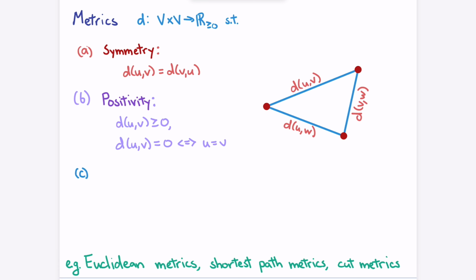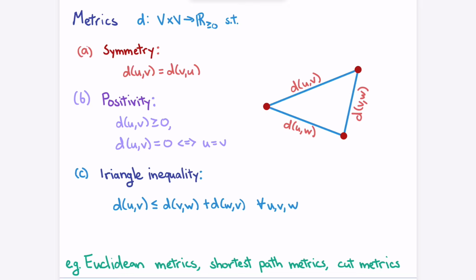That's sometimes not the case for us, because vertices might be assigned the same place, and you might want to distinguish the vertices in the original problem, but this is not that big a deal. And the last point is the triangle inequality, which you've probably seen before. You want to get from point A to point B. Well, for any intermediate point C, going from A to C as fast as possible and C to B as fast as possible gives you one way to go from A to B.